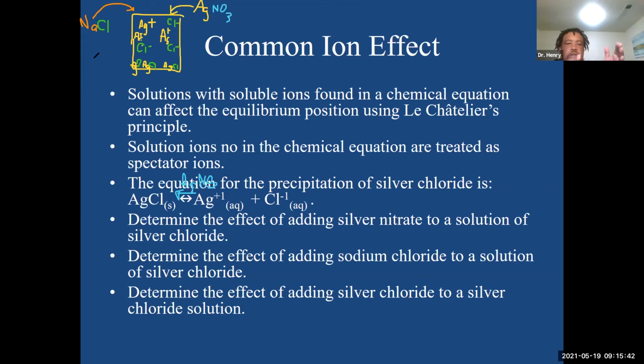Group 1 metals, when they're with anything, they're going to dissociate completely. It's going to do the same thing, right? Chloride is going to find those silvers. Exactly. It is going to do exactly the same thing. So in this case, for the sodium chloride, it's going to push it towards the solid. Okay. So if I decide I'm going to add more silver chloride to the situation, would you just have more ions then? Yeah, you just get more ions formed. Okay, pretty simple.